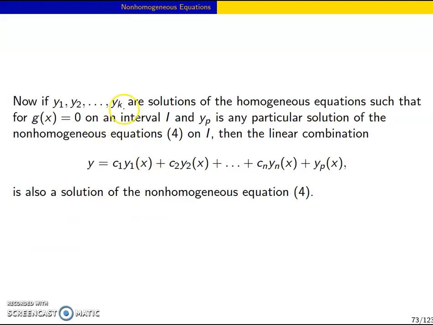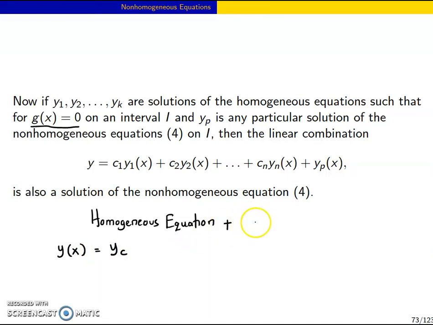Now, if y1, y2, up to yk are solutions of the homogeneous equation on the interval I, and yp is any particular solution of the non-homogeneous equation, we know how to find the solution when g of x equals 0. So when you have a homogeneous equation, the general solution that you have obtained is yc.